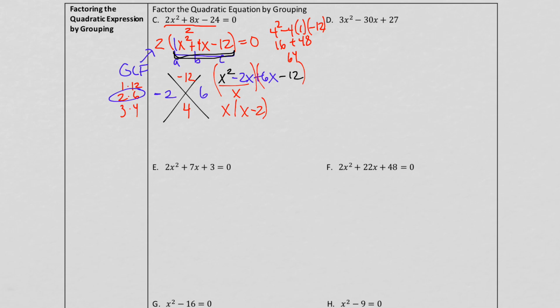Then here, I can take out a 6, so I divide a 6 out of both of those. 6x divided by 6 is x, and negative 12 divided by 6 is negative 2. And notice how, again, I expect this, but these are the same, so I'm good to go. So now I'm going to get x minus 2, and then x plus 6, and this is called factored form.